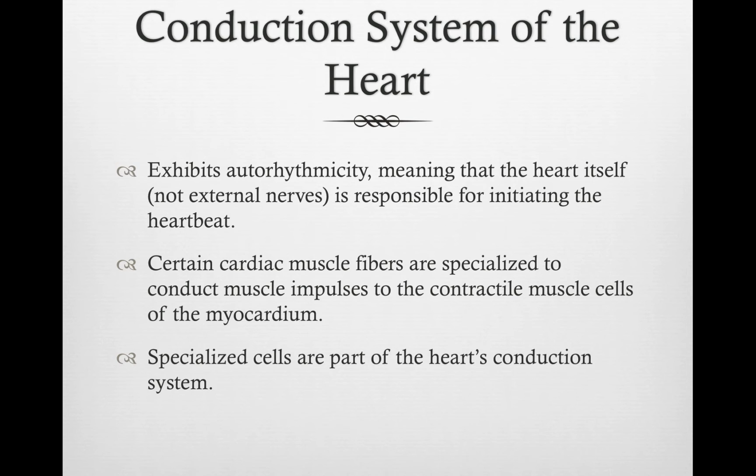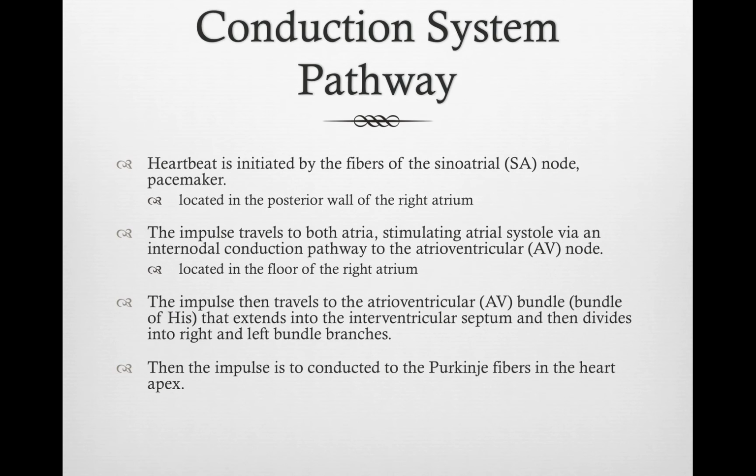And they are the specialized cells that actually help form this heart's conduction system. So they have their own wiring, in addition to the fact that it's simply autorhythmic. So that is the fact that the heart initiates its own heartbeat.